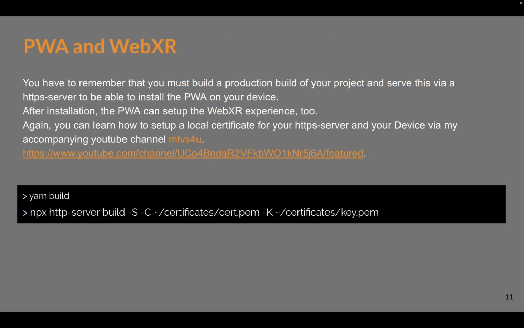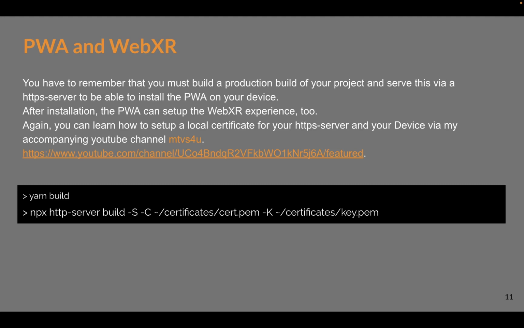Please remember that you must build a production build of your project and serve this via HTTPS server to be able to install the PWA on your device. After installation, the PWA can set up the WebXR experience, too, without having a connection to the site from which you have installed the PWA. For this reason we will further investigate the PWA development till we come to a point where we need a React Native app to serve our needs.